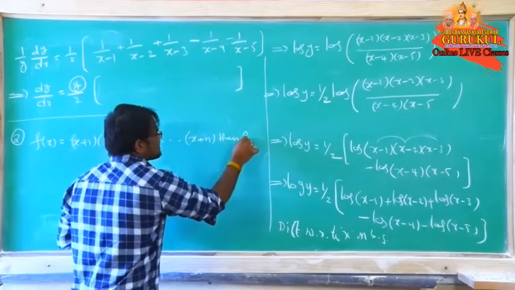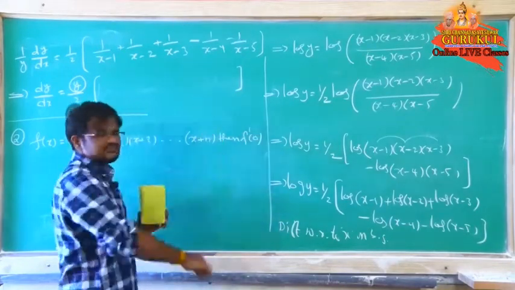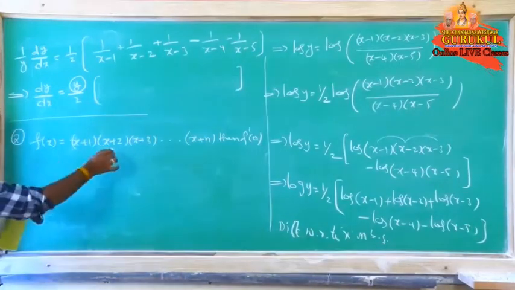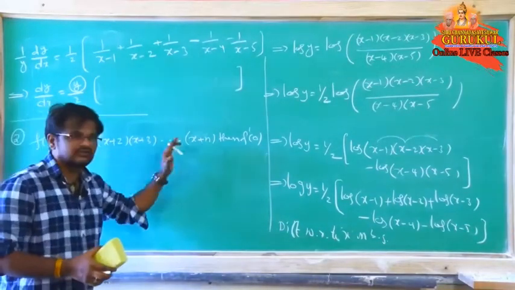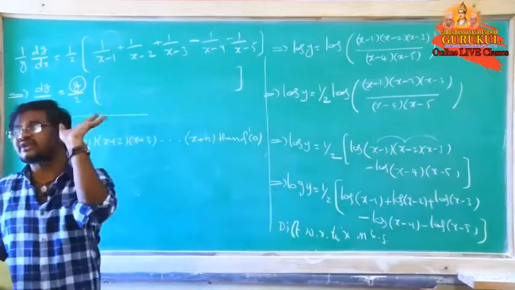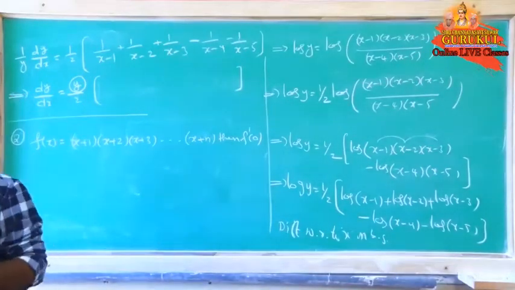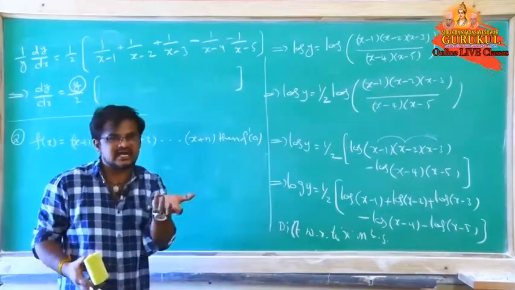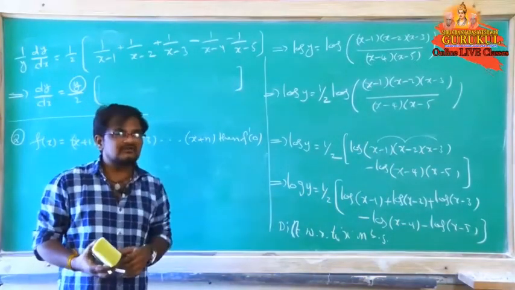Then they are asking the value of f dash of 0. F of x is a product of n terms. Then they are asking to do the differentiation, then substitute x equal to 0. So first we have to do the differentiation, then substitute x equal to 0, and find the answer they are asking.